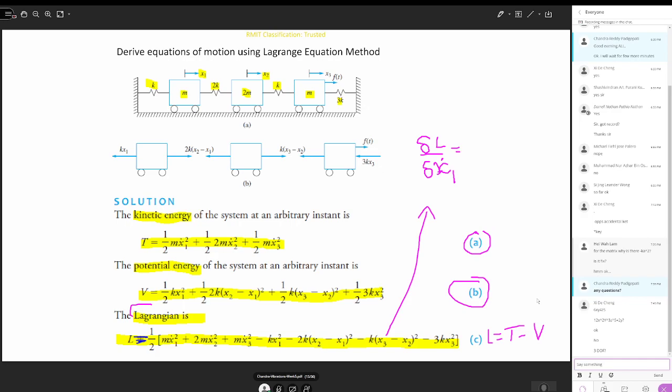Only the x1 dot terms need to be differentiated. If you differentiate this x1 dot square, you will get 2m x1 dot.